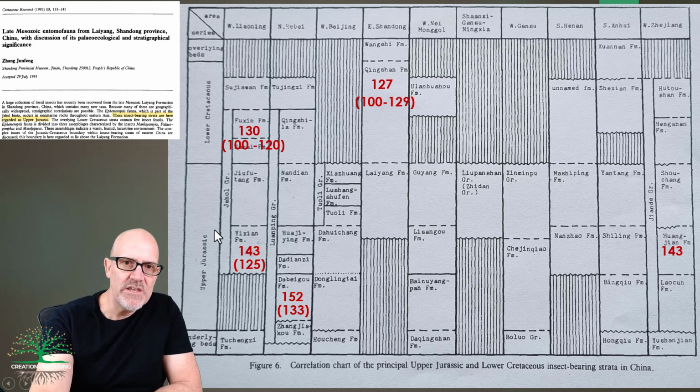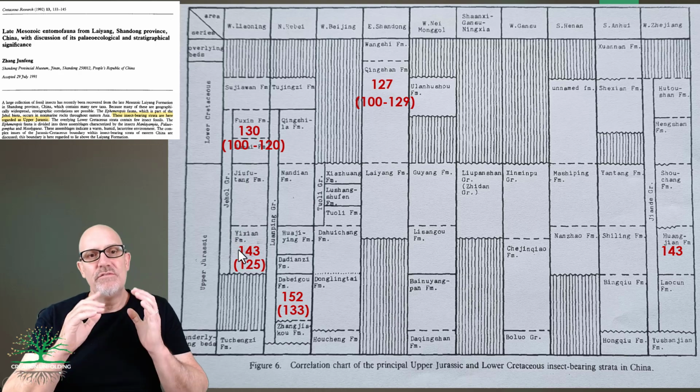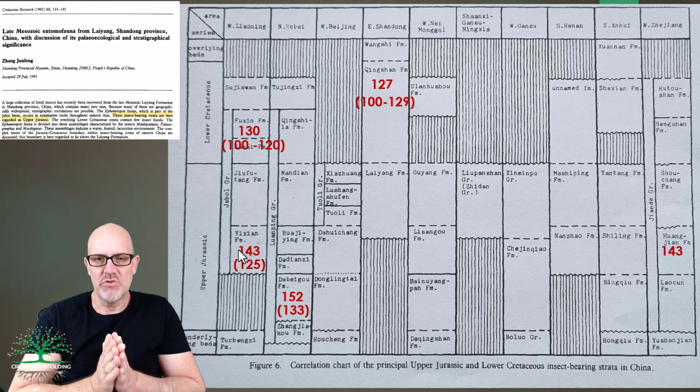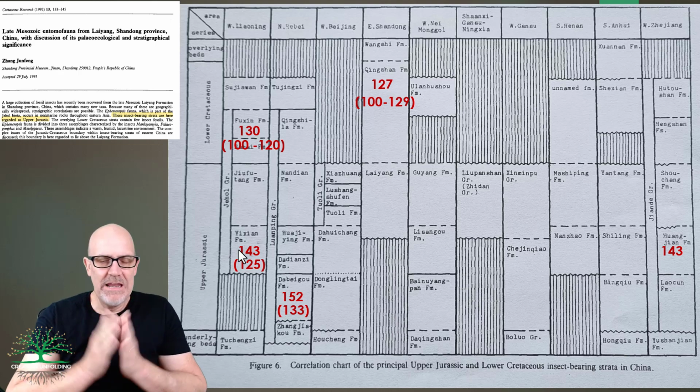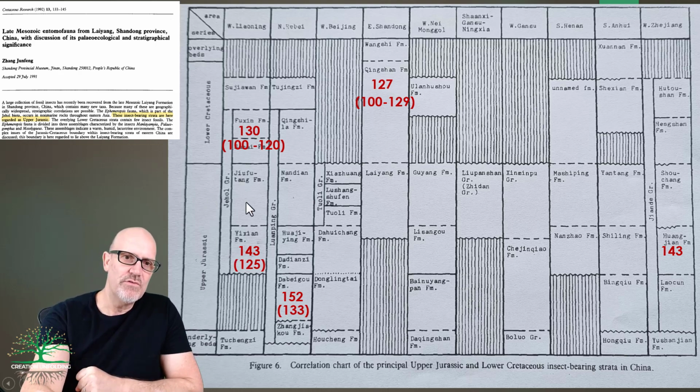These two, here's the Jehol Group. It actually includes two more formations on top, but it's these two here where most of these fossils of these feathered dinosaurs, avialans, enantiornithines, and ornithuromorphs, they're all found in these two formations.